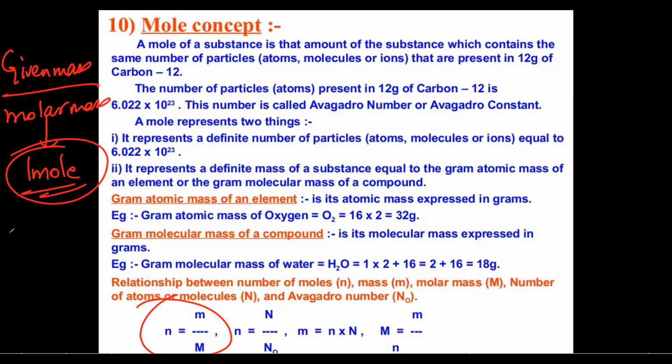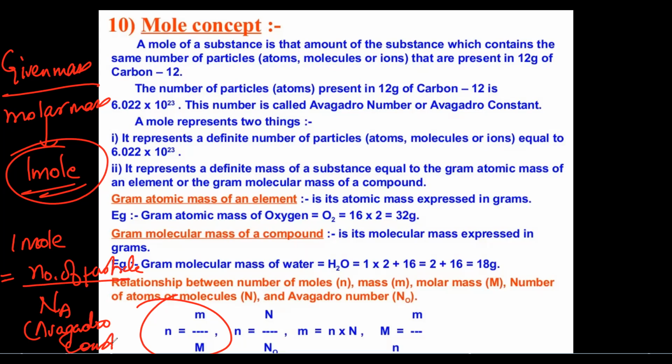Similarly, 1 mole of a substance is also equal to the number of particles by Avogadro number. NA is also known as the Avogadro number, or Avogadro's constant, which is 6.022 x 10^23.